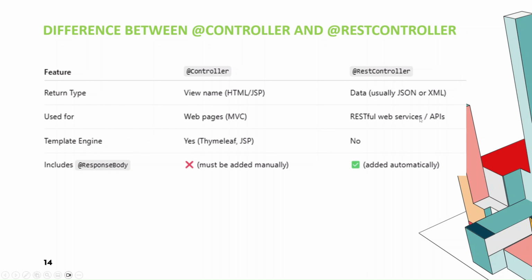Here, no, it's like a middle level service, RESTful service level that you can use. Get a request, process it, and send the response as XML or JSON. So here we use template engines like Thymeleaf, JSP, HTML, and so on. Here no HTML. So here you need to explicitly specify this response body. Here response body is automatically included.